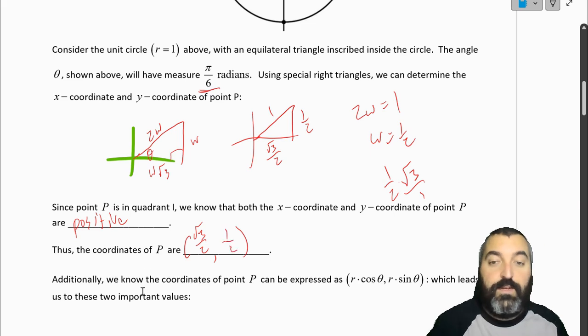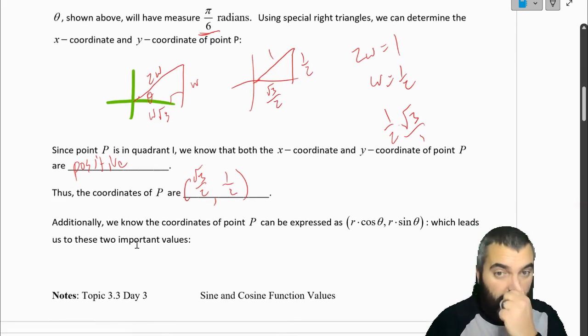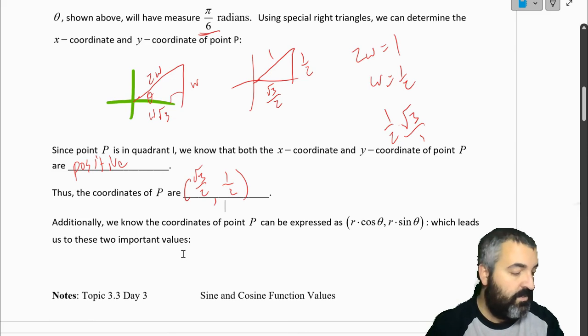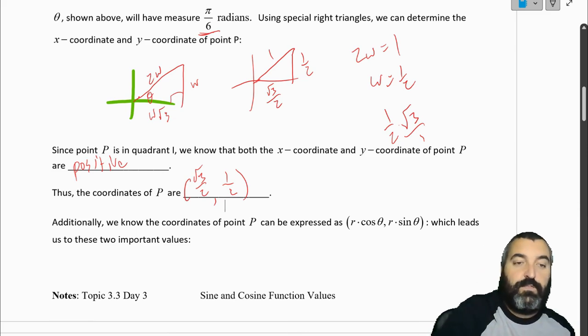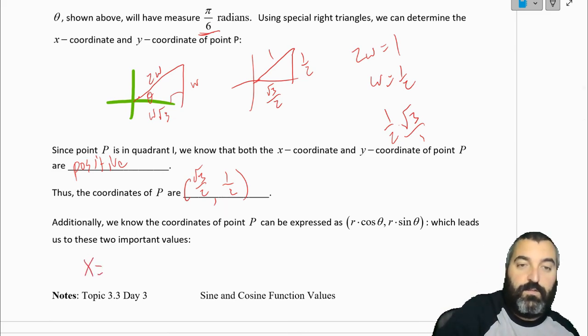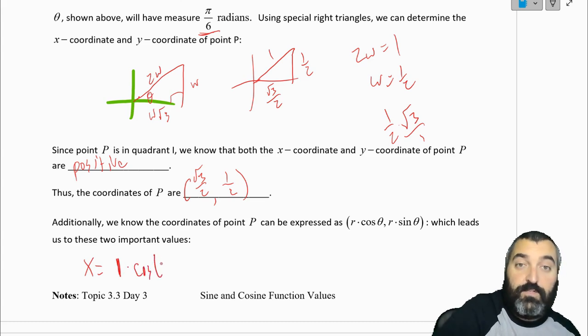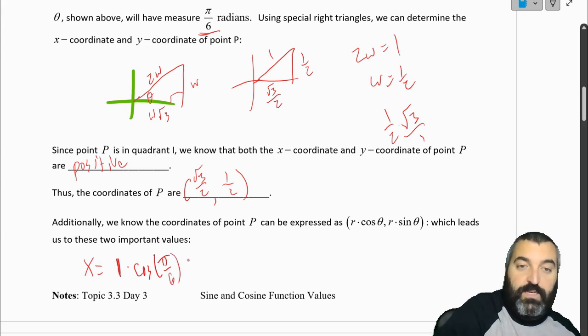And additionally, we know that the coordinates of P can be expressed as r times cosine theta, r sine of theta, which leads us to these very important values. So if I say x is equal to r, which is 1, times the cosine of the angle, which the angle is pi sixth. Well, guess what? I know what the x value is. It's root 3 over 2.